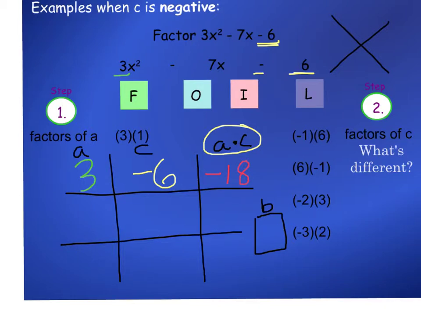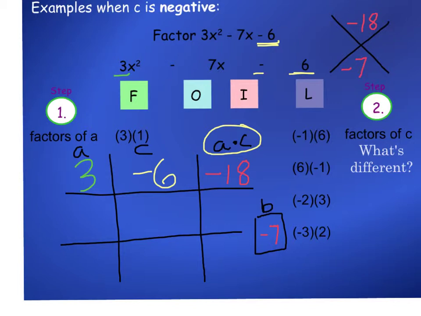Now, right here in my little side box, I need to write my b value, which is right here in the middle, negative 7. Now I set up my little chart and put my negative 18 here and my negative 7 here.